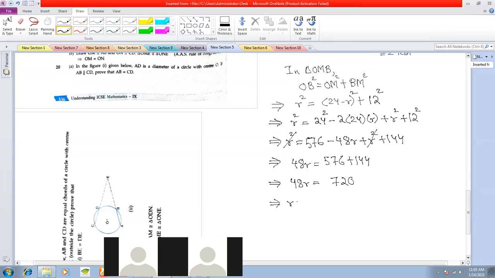That means R is 720 divided by 48. Now you can cancel here with, say, 6, and I think this will cancel with 8 also. 15. The radius of the circle is 15 centimeters.